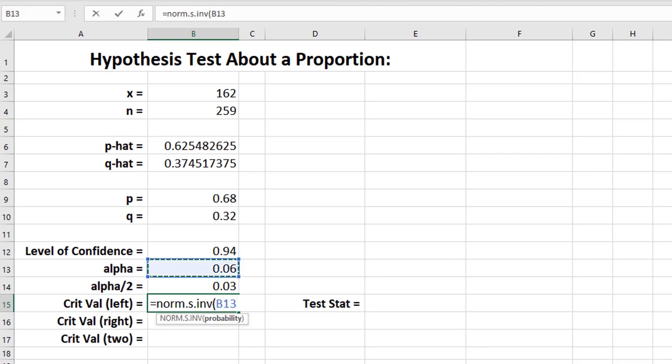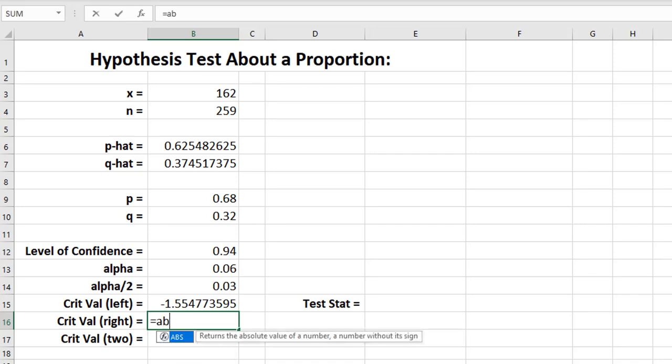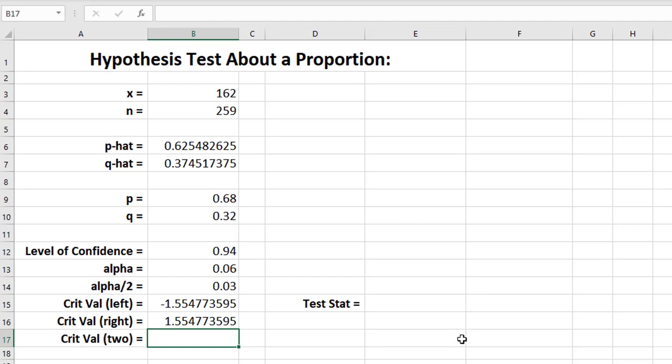And to get the right side, well, it's the same as the left side, it's just a positive value, and I like to use the absolute value function. And to get the critical value for two tails, it's going to be the positive and negative value when we use alpha over 2.